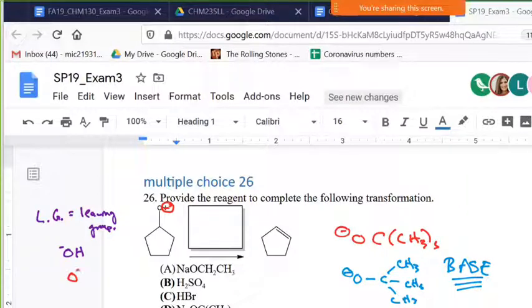Now my leaving group isn't OH-, it would actually be O2-, which should also make us go, oh crap, this is not going to work. Adding that strong base actually prevents this reaction from occurring, because the strong base is only going to deprotonate the oxygen, making a horrible leaving group, and now the reaction's not going to occur.